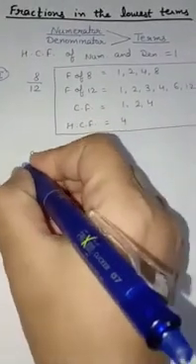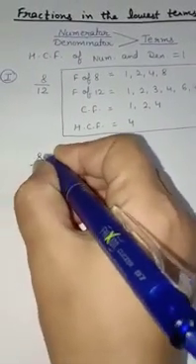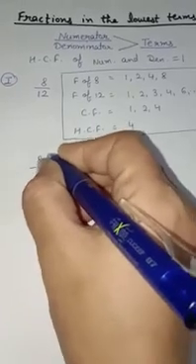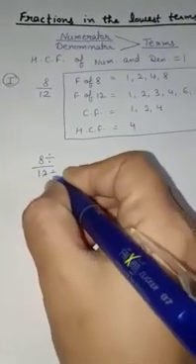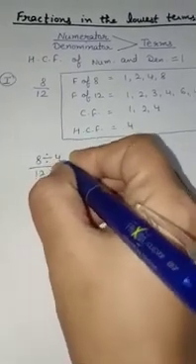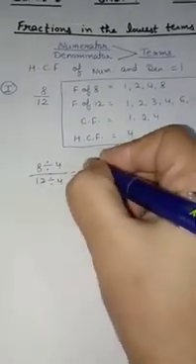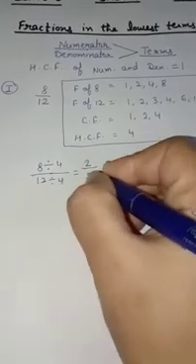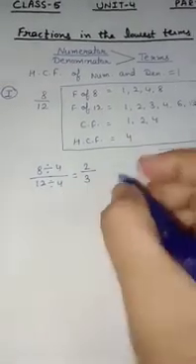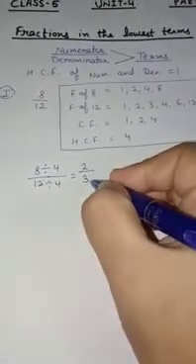Now we will divide the numerator and denominator of the given fraction by this highest common factor. When 8 is divided by 4, we get 2. 12 divided by 4, we get 3. The answer is 2 by 3.